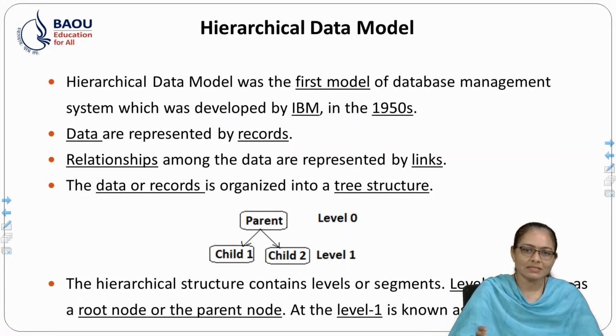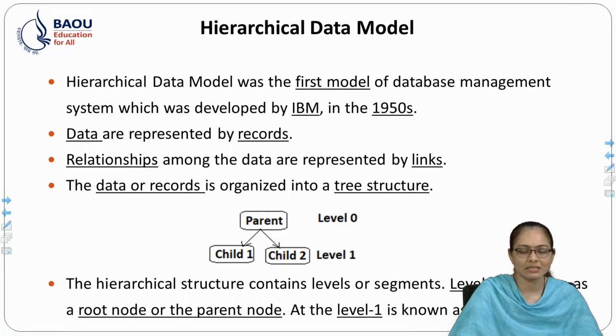So the hierarchical structure consists of levels or segments. Level 0 is known as the root node or parent node. Level 1 is known as the child node. We can see here in the figure, the parent node is at level 0 and the child nodes are at level 1. So one parent and many children.